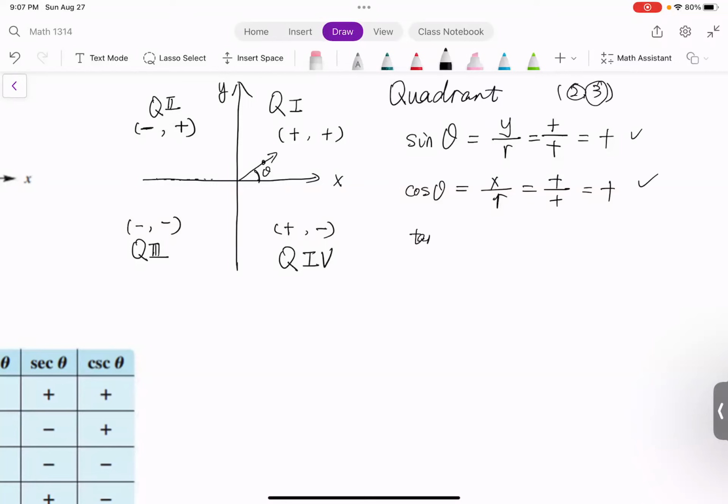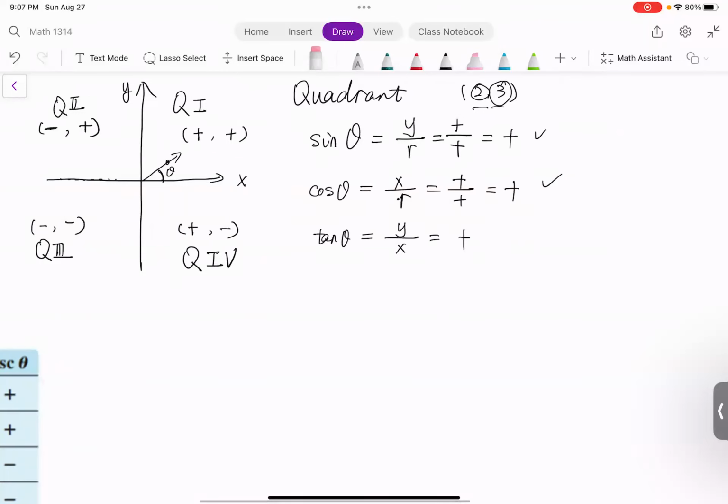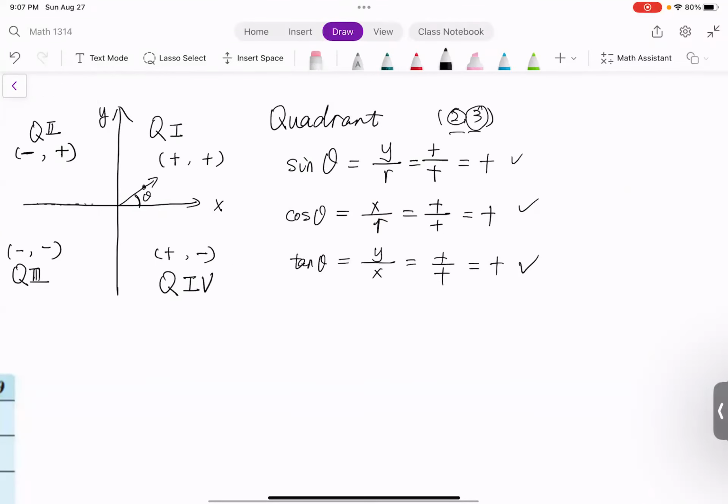How about tangent? Tangent theta equals y over x. X and y are all positive in the first quadrant, so tangent is positive. You have positive over positive, it is positive. And how about their reciprocals? The sine's reciprocal is cosecant. It must be positive because you flip this upside down.